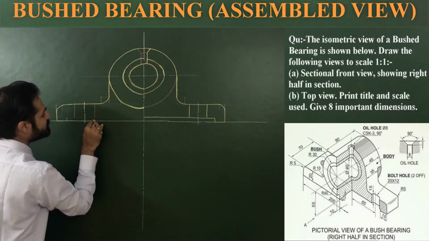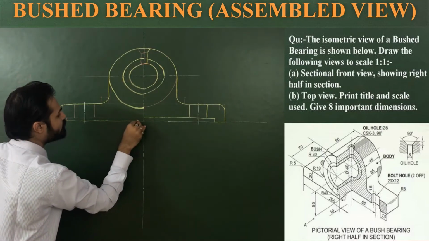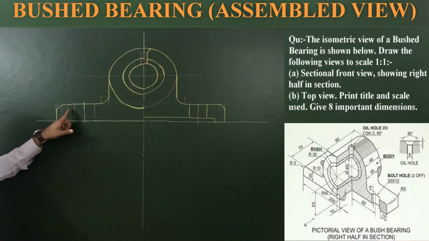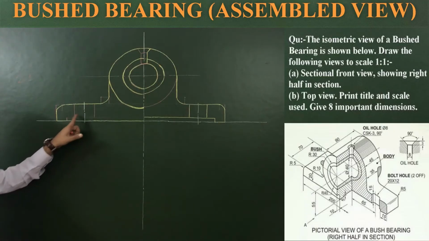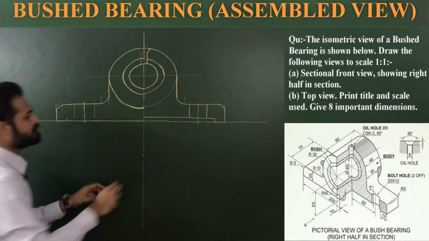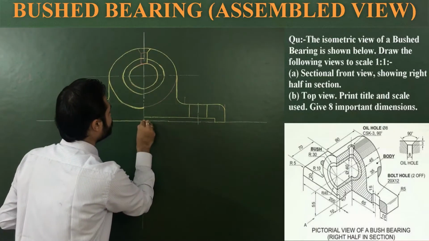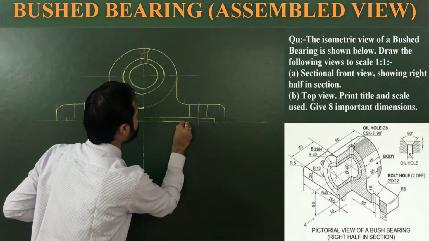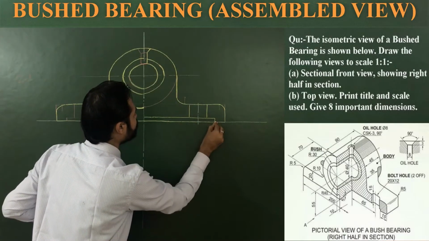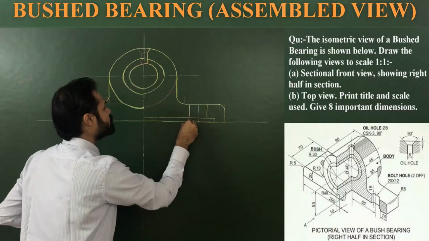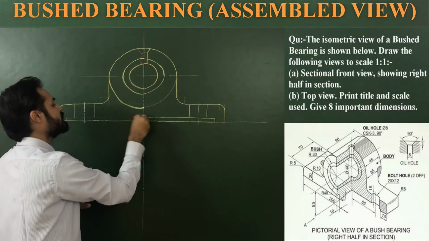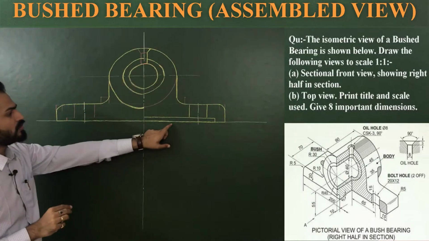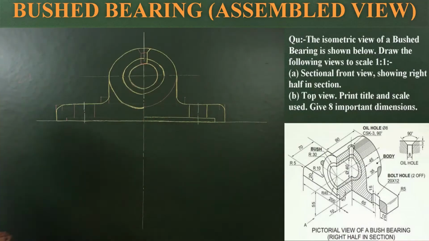The lower edge is also visible for the left part, but this part is hidden, this is also hidden. And for the right half, with section, the rear bottom base edge of the bearing is visible, so both are dark visible.